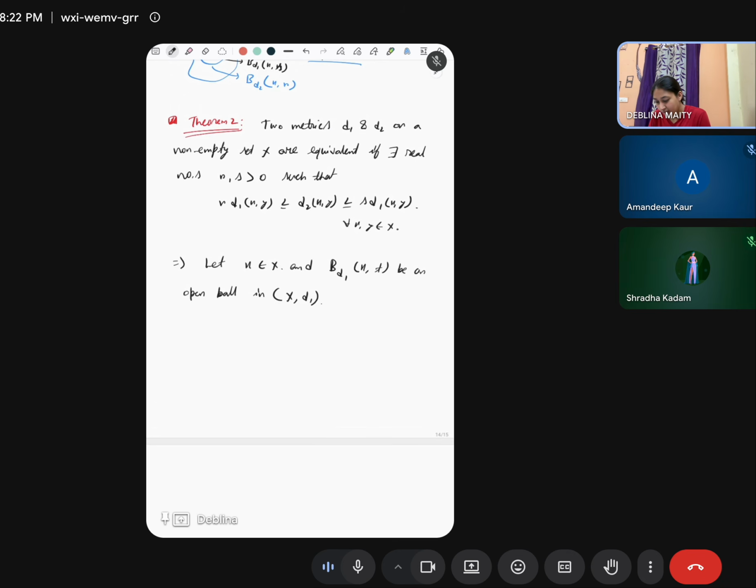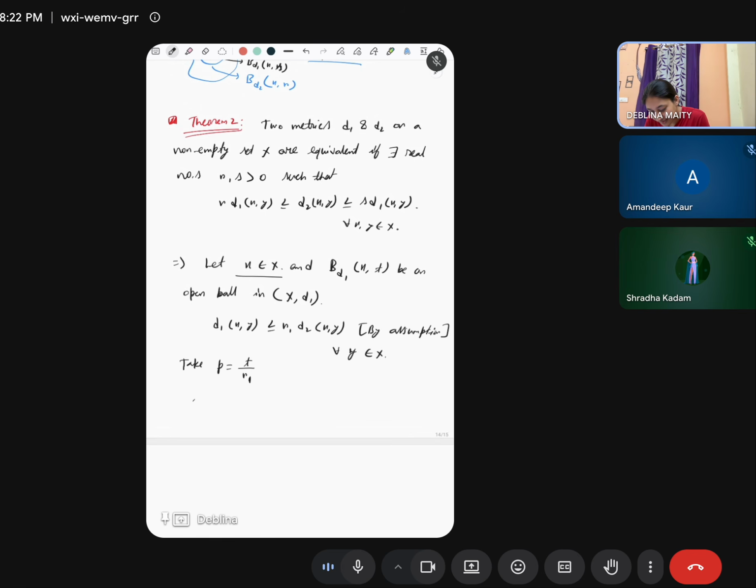By our hypothesis, d1(x,y) is less than or equal to r1 d2(x,y), by assumption, where this r1 is nothing but 1 by r. This holds for all y in X. Now take p equal to t by r1, right?